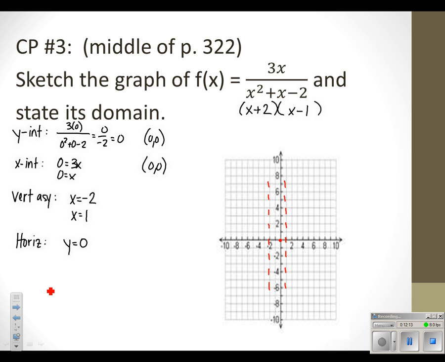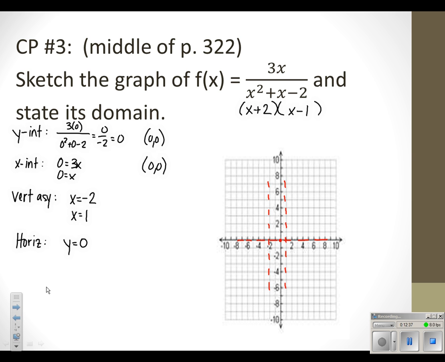Now we have a horizontal asymptote as well, y equals 0. So we have a bunch of lines that we cannot cross, and we do have an intercept of 0, 0 in the center.